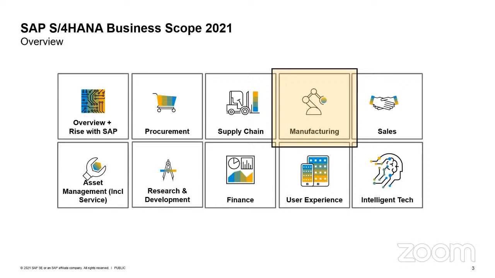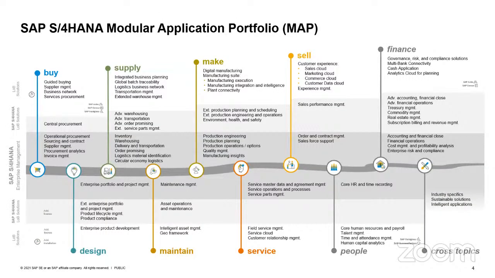We are going to talk about the scope here for the SAP S4HANA Business Scope 2021 overview, which includes various LOBs and topics that are also part of the innovation journey up till 2021. As our topic is manufacturing, we'll be covering most of the innovations and functionality around the manufacturing area.